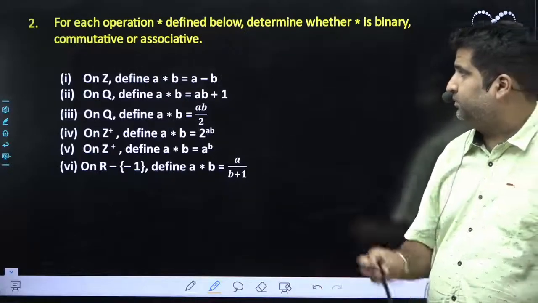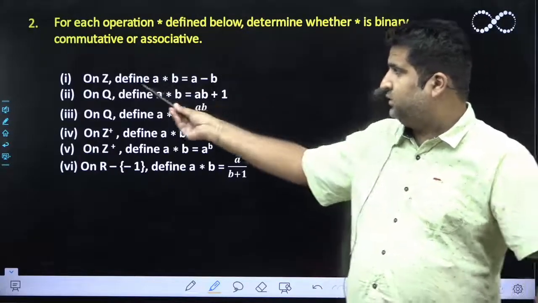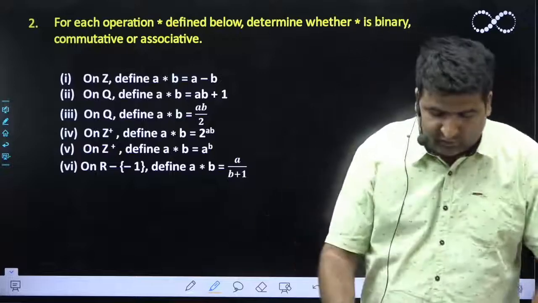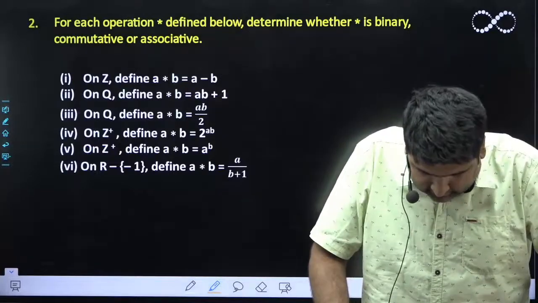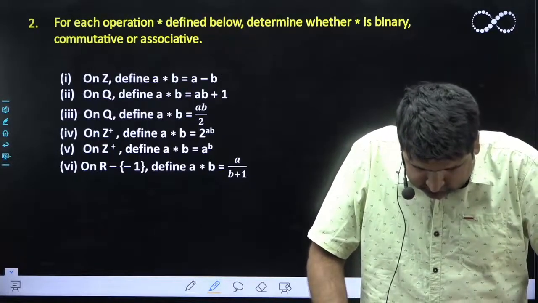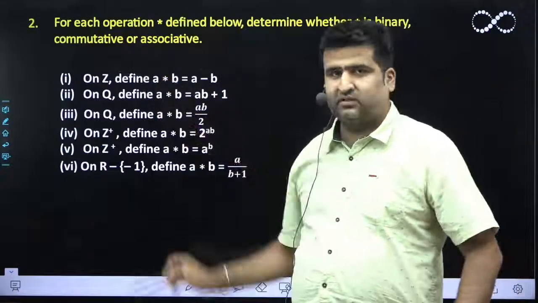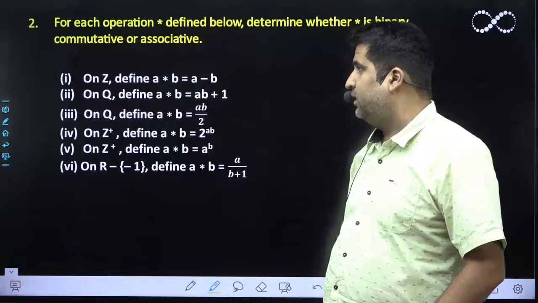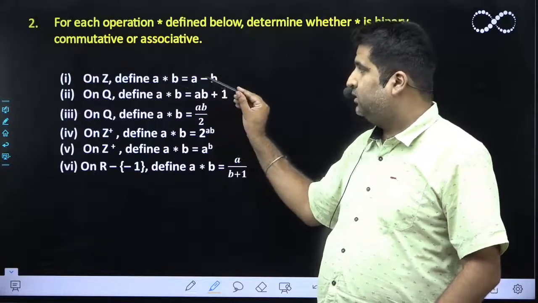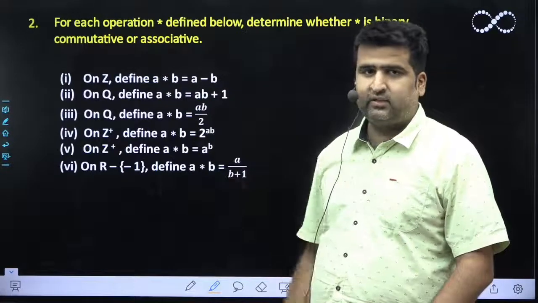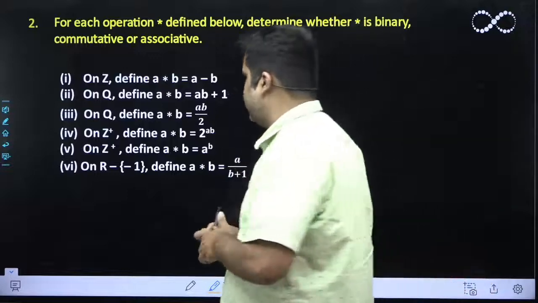So this is defined on Z. Now the difference between this one and the last question was that in that case we had Z plus, but in this case we have Z. So A star B will also lie in Z. So therefore this will be binary for sure.